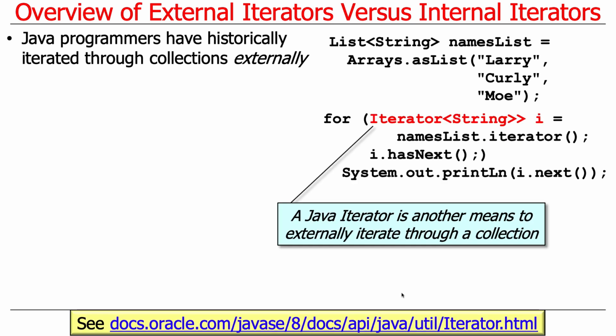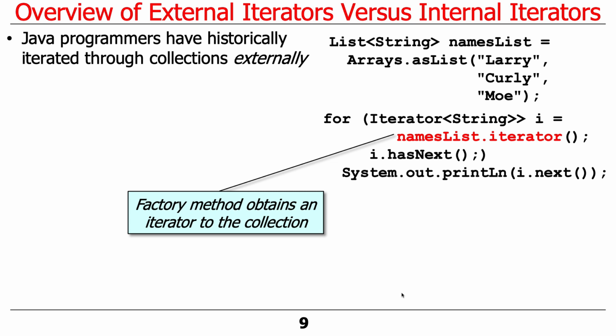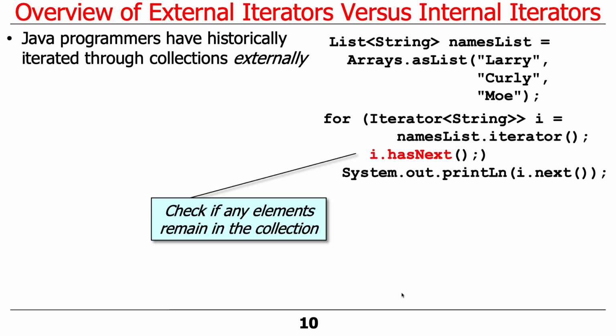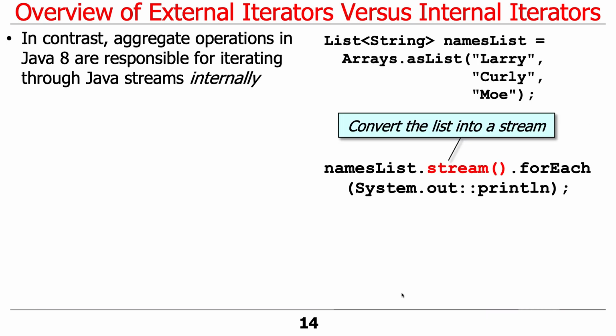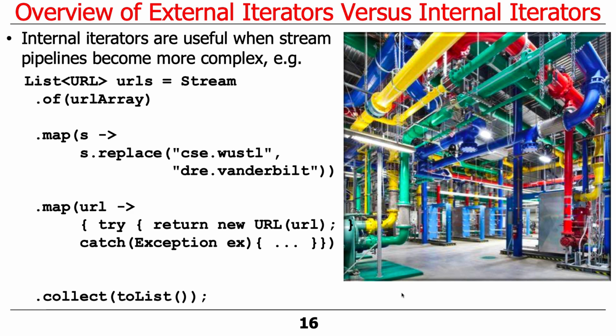I think you'll also agree that that code is a little easier to understand than the more explicit way of programming with the iterator interface. But you'll also probably agree that this code here, the one that uses the streams, is not that much different from the for each loop version. However, when you get more complicated stream pipelines, then the internal iterators really start to shine.